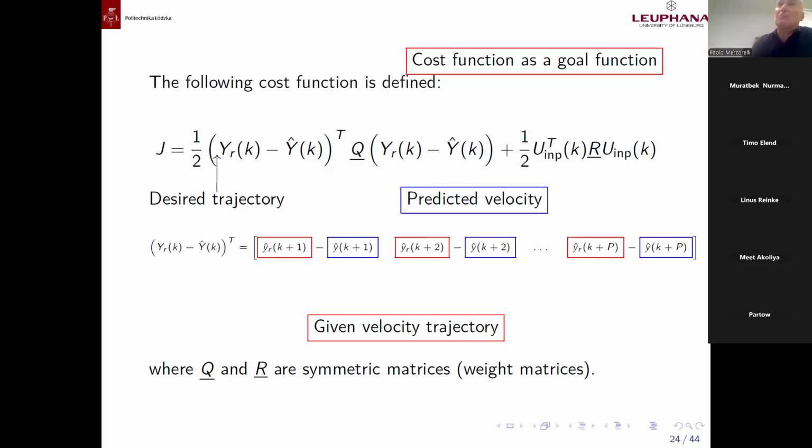In order to consider this possible limitation in input, the idea is to find a compromise. Optimization always means a compromise between what I want to obtain and what I am able to invest in this task, the input. Q and R are symmetric matrices. I forgot to say positive definite.